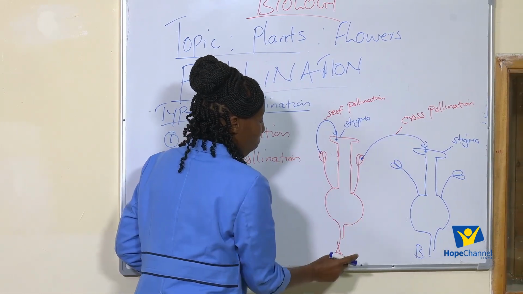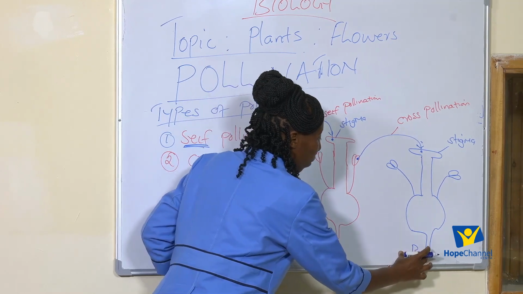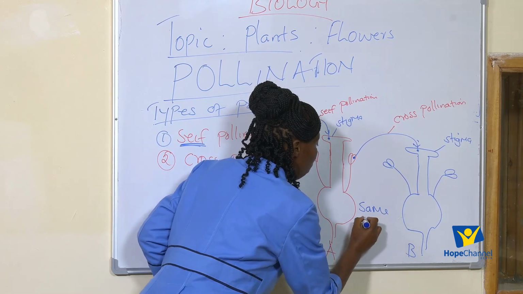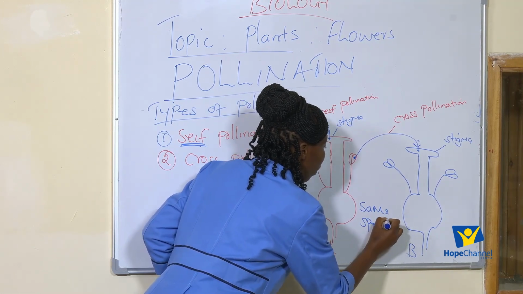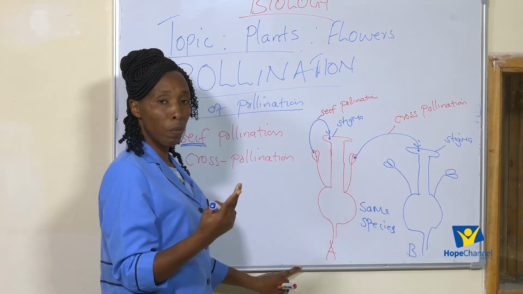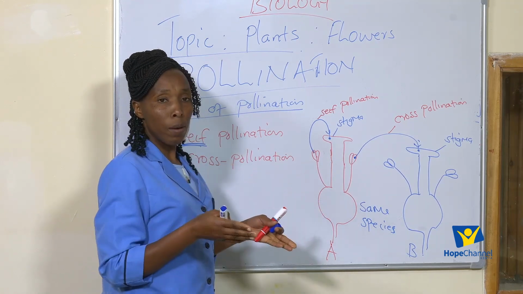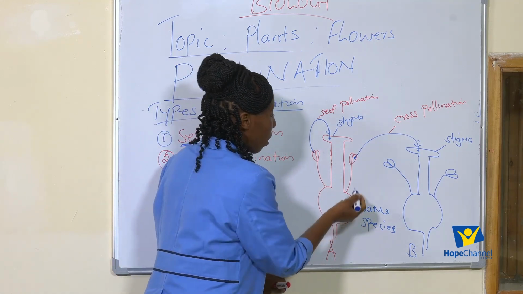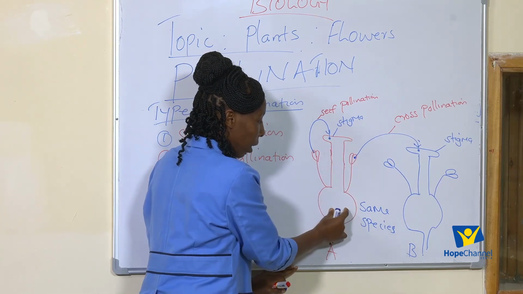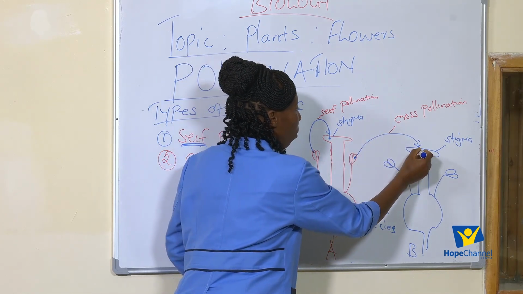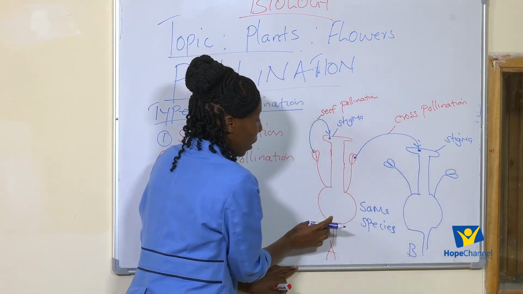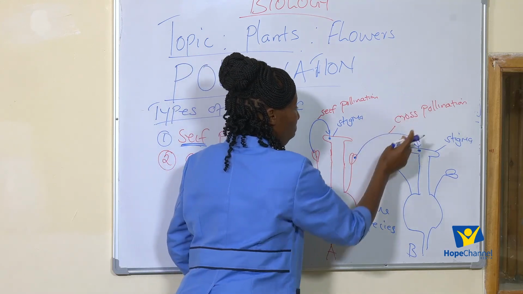In this case, we have plant A and we have plant B. These two plants are of the same species, like two maize plants. But now the difference is the pollen grains are being transferred from the anthers of plant A to the stigma of plant B. Okay? So in that case, we are saying that is cross-pollination.